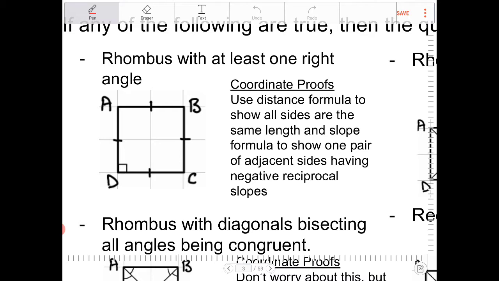Well, we take the distance formula and apply it 4 times, and then we find the slope between one pair of adjacent sides. If we can find one pair of adjacent sides having negative reciprocal slopes, that would be enough to show that this is in fact a square.